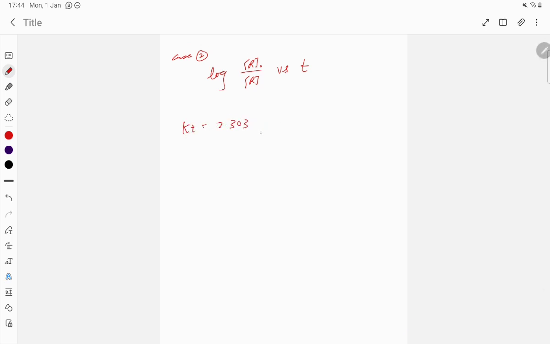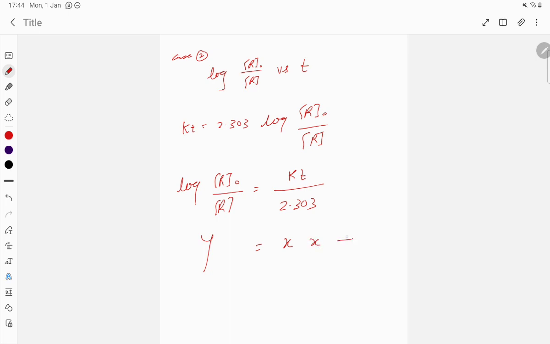If you are writing this equation, you can take log r naught by r is equal to kt upon 2.303. So this is y is equal to mx plus c, this is the mx.